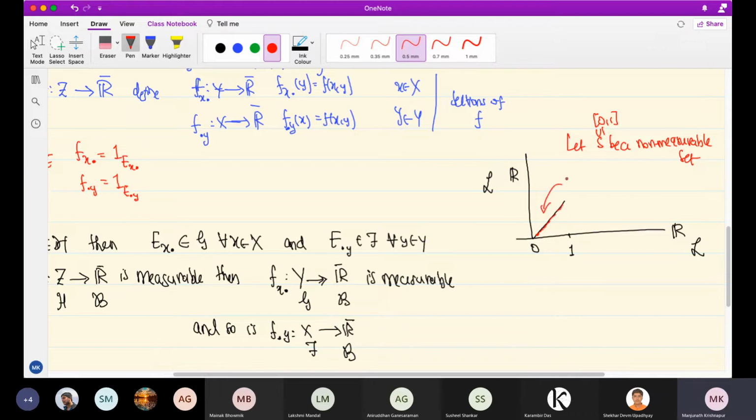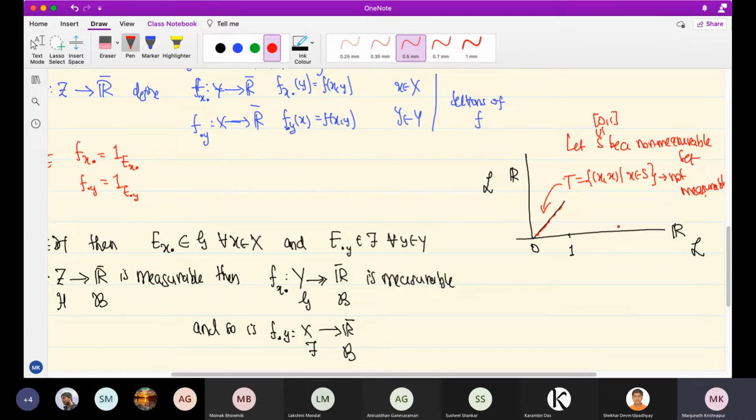T is the set of (x, x) where x belongs to S. So I take a non-measurable set in one dimension and put it on the diagonal, so to speak. I just stretch it to the diagonal and put it there. So T is not measurable, even with the Lebesgue sigma algebra in 2 dimensions.